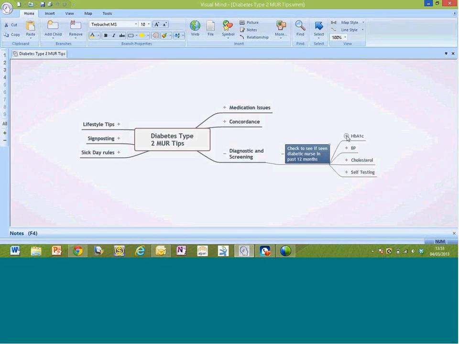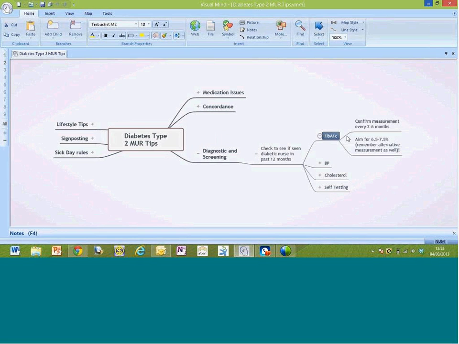You want to make sure they've got a reading every 2 to 6 months. Generally, if somebody's HbA1c is quite high, you'd want to do it more often. If it's reasonably within the recommended range, you could do it every half a year or so. The aim is to get it between 6.5 and 7.5. That's a general rule of thumb.